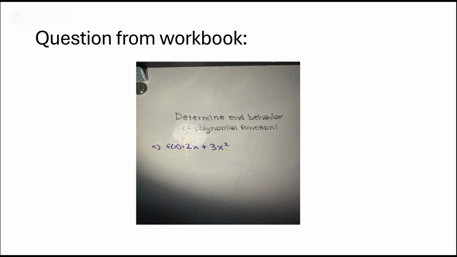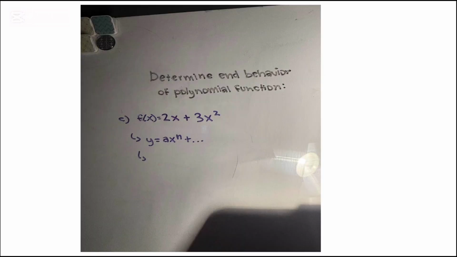The question is, determine the end behavior of a polynomial function. The polynomial function is f of x equals 2x plus 3x squared. The first step is to remember the standard form for a polynomial is y equals ax to the n plus whatever.